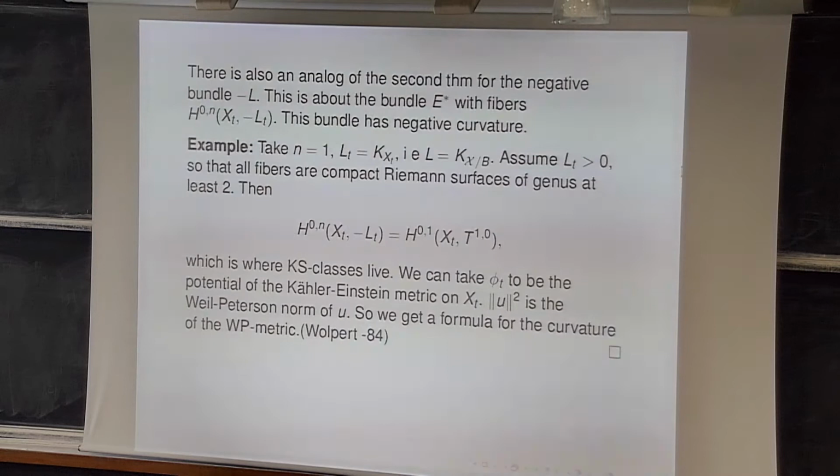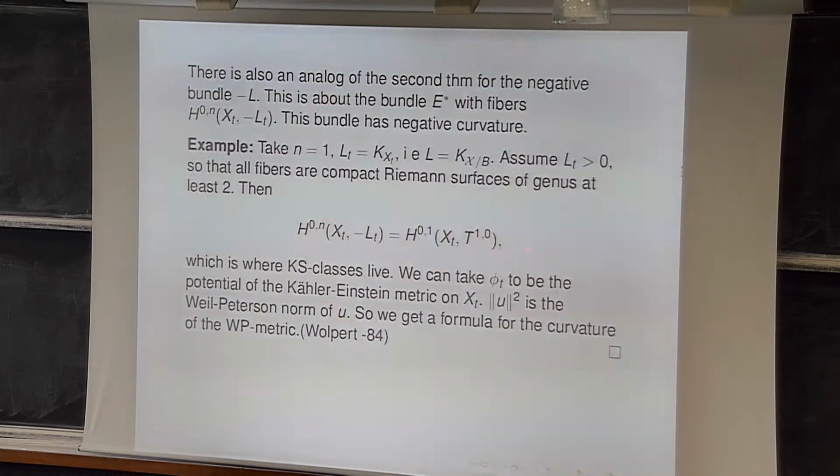Now, this is precisely where the Kodaira-Spencer classes live. As we had before, the Kodaira-Spencer classes lived in exactly this H^{0,1} of a fiber with coefficients in the tangent bundle of the fiber.